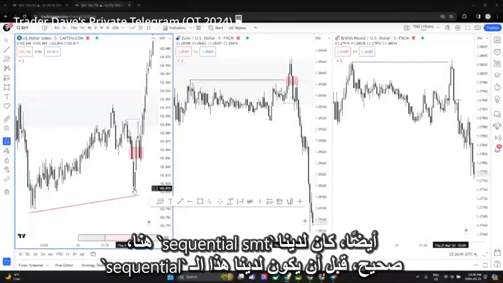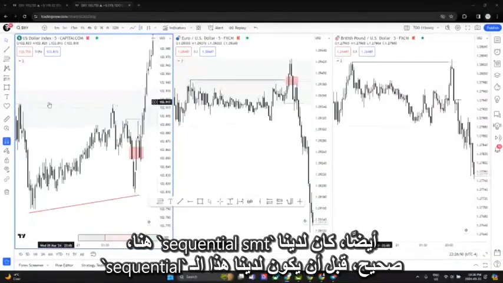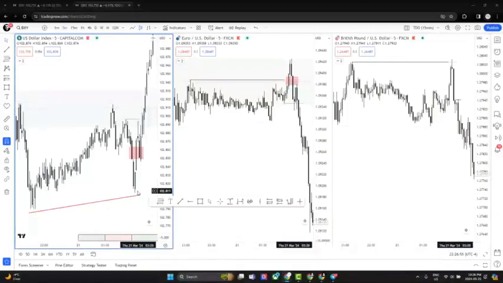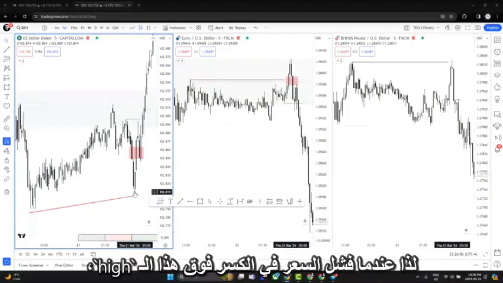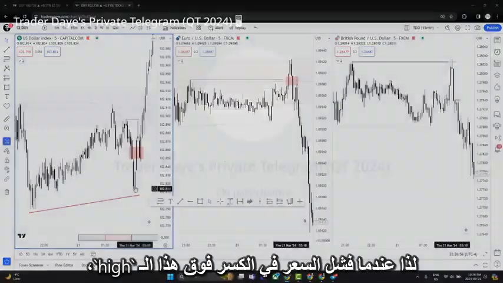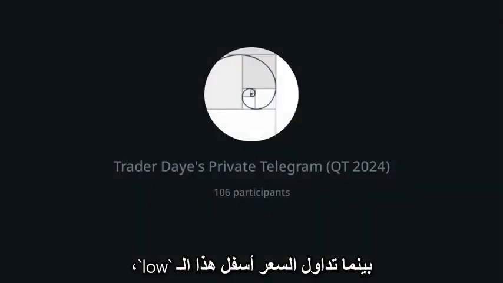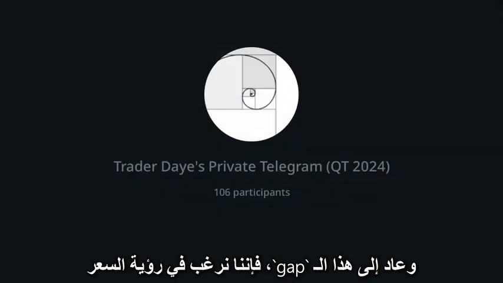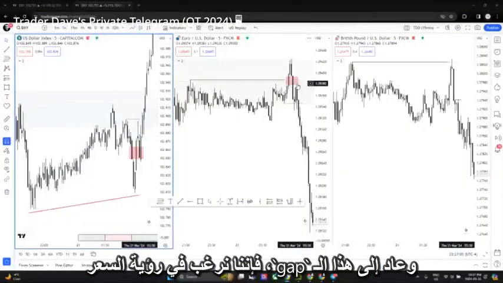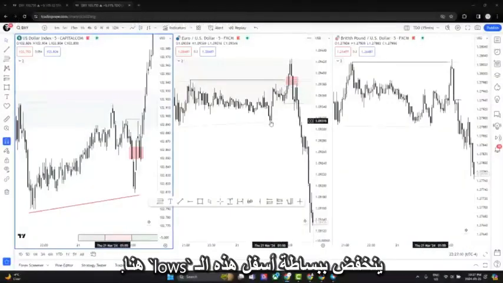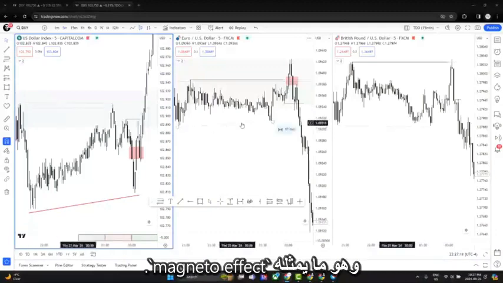Also, we had sequential SMT right here, right before we had this sequential SMT. So when we had price fail to break above this high, while price traded below this low, return to this gap, then we would want to see price just fall below these lows right here, which is what the Magneto effect is.